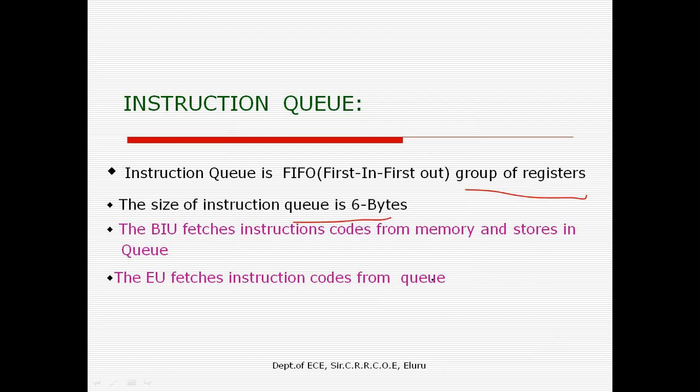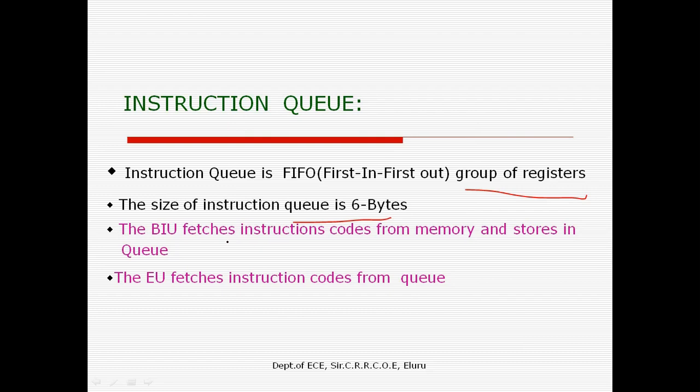That's why the architecture of the 8086 is also called pipeline architecture, because the execution unit and bus interfacing unit don't depend on each other but work independently. So this is the instruction queue.